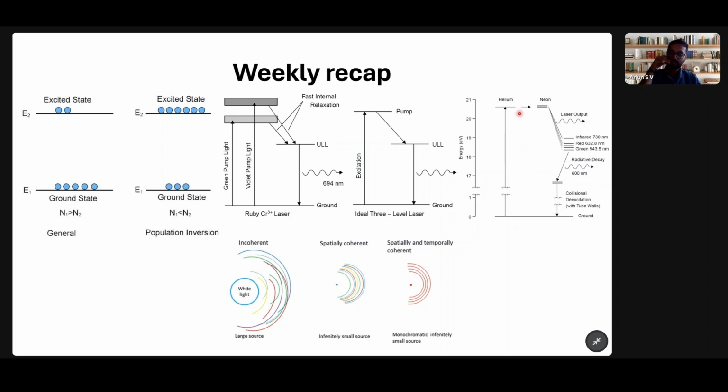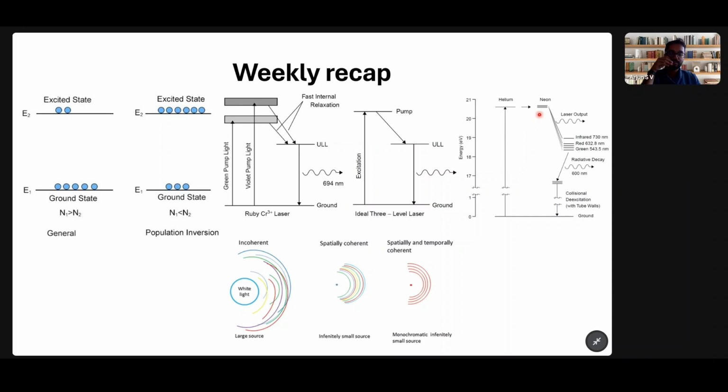In the 4-level laser, there are four different levels, where the lasing medium consists of two levels which are not part of your excitation or main emission levels.